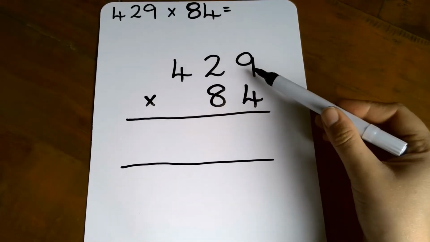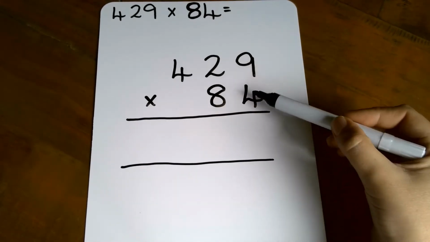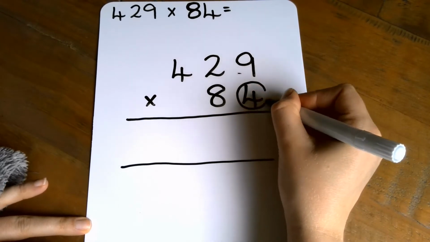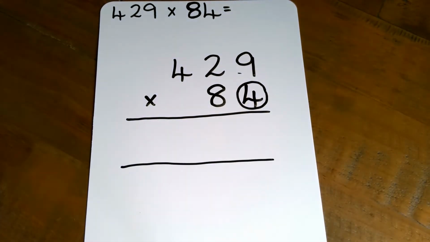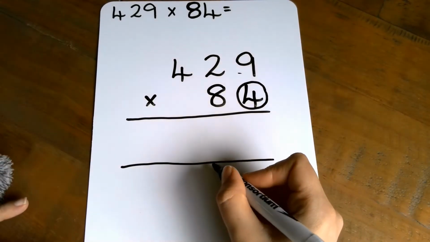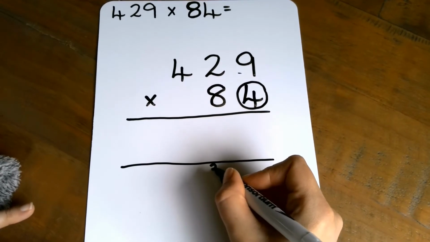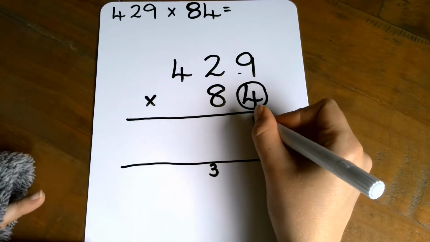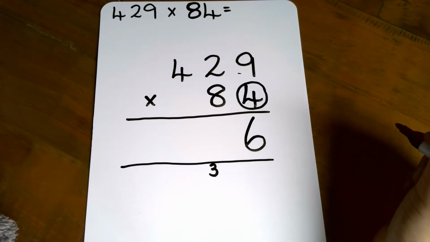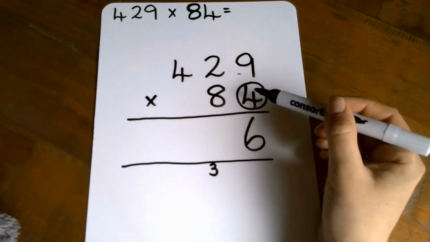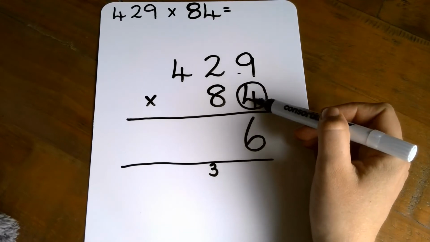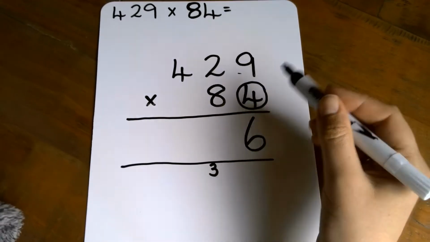First, I'm going to multiply 429 by the 4. 9 times 4 is 36. Carry the 3 across into the tens. 2 multiplied by 4, which is actually 20 multiplied by 4, that's 80.